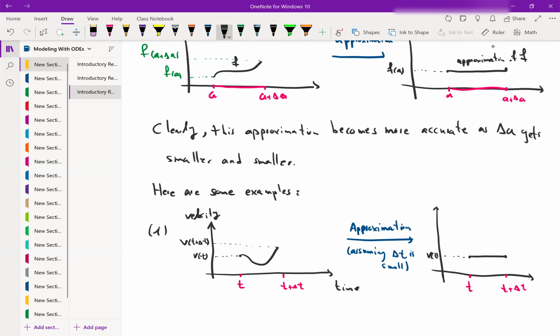I look at what the value of v at t was, and then assume that at all points in the interval from t to t plus delta t, the velocity is equal to v at the left endpoint, which was v at t. So this is our approximate velocity profile.